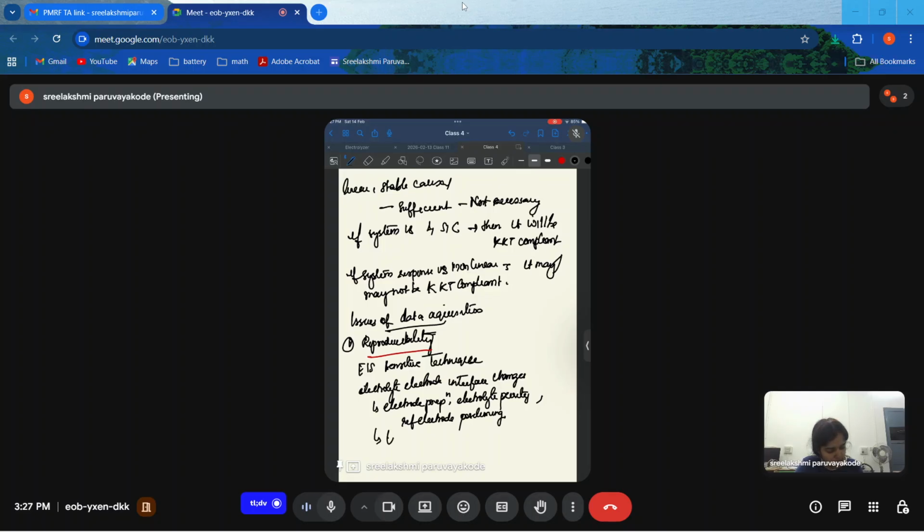Then another thing is long electrode stabilization time. This can also affect the reproducibility of the data. Then different wait times, that is, the wait time between the measurement at each frequency.